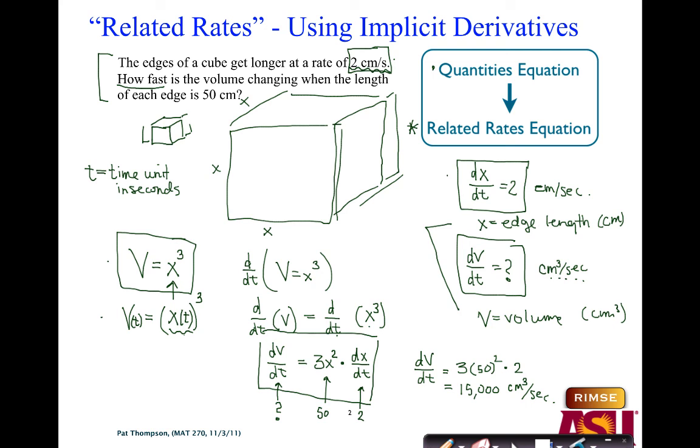We don't have to know that to answer this question, as you noticed. So write a relationship for the general quantities, differentiate it with respect to time most of the time, and then have a new equation that relates different things. It has these derivatives in the relationship.